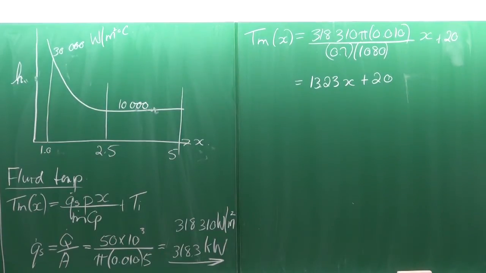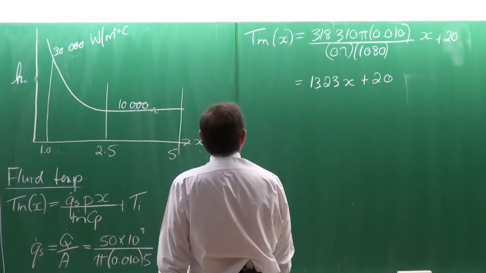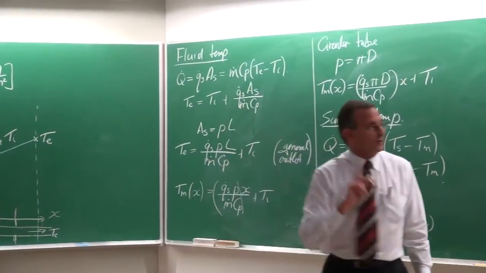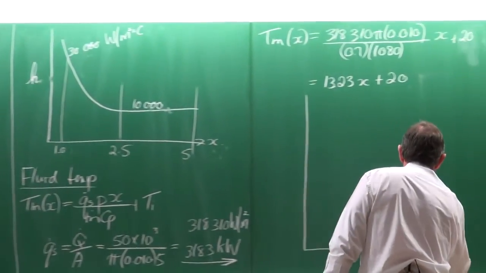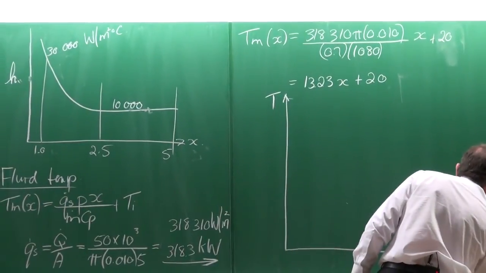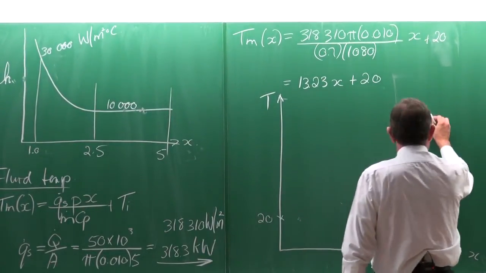Okay, you happy with that? So there you can see the equation of the straight line. So if I now go back to that case, I'm going to use another graph. Okay, so there's the temperature as a function of x. The inner temperature is 20.